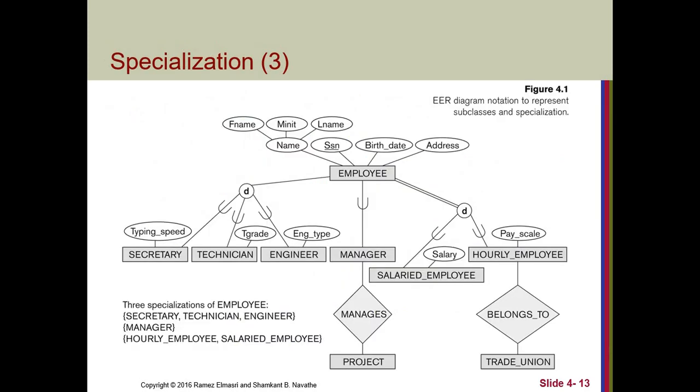This diagram suggests our employee can have 6 identifications. Can you name them? They're secretary, technician, engineer, manager, salary employee, and hourly employee.